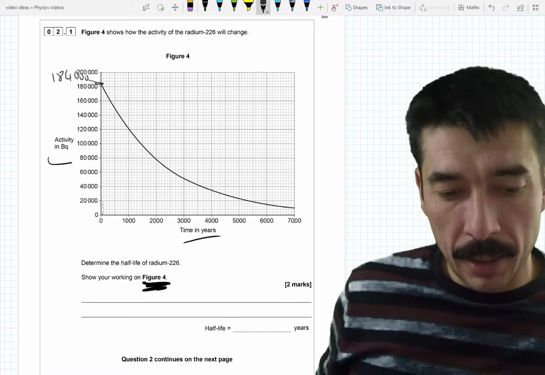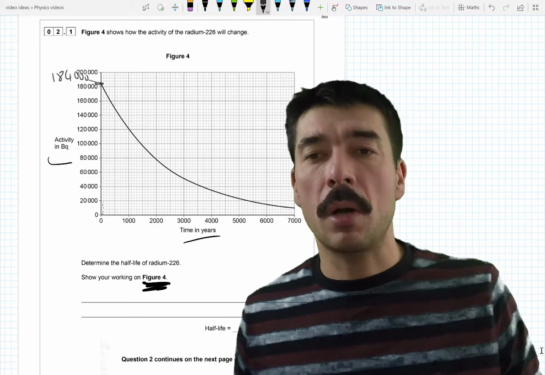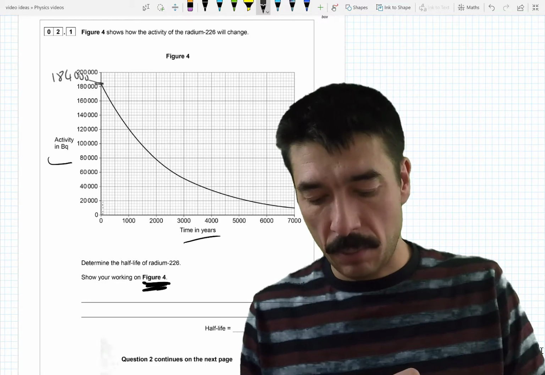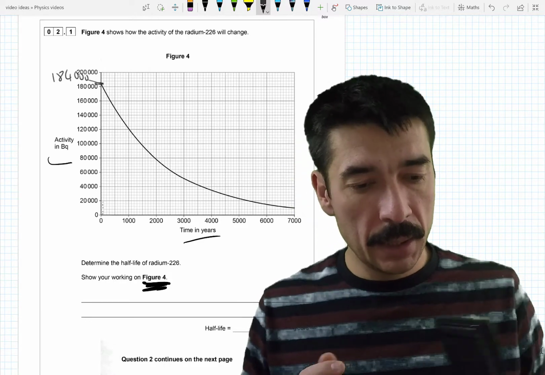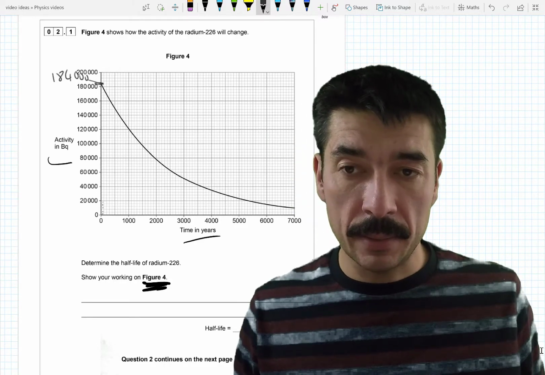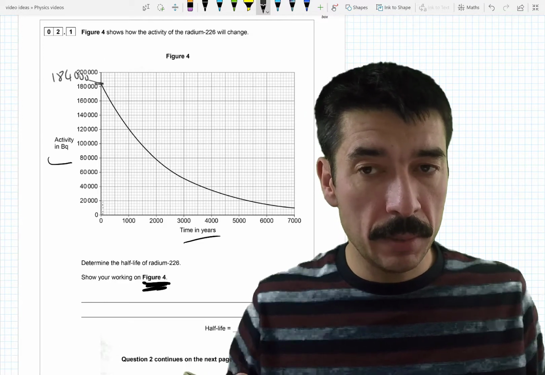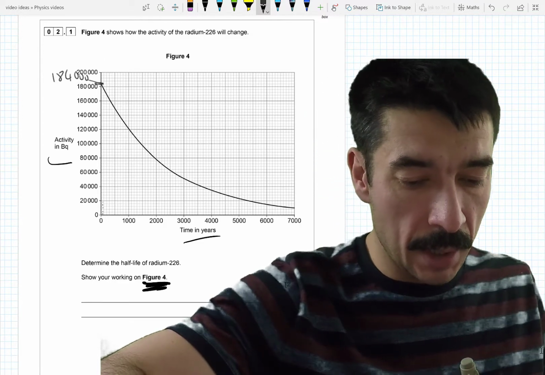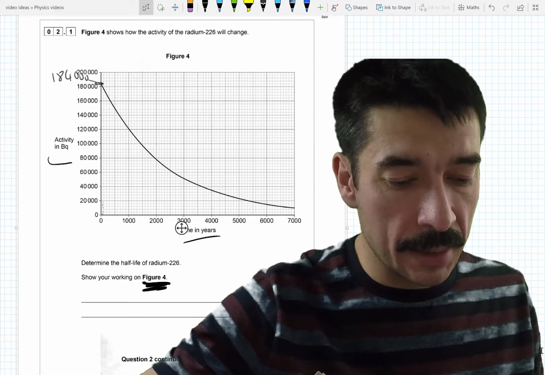So this value here is 184,000, and I need to get to half that value for one half-life to have passed. So 184 divided by 2 is 92,000. I've done 184,000 divided by 2 and that gets me 92,000. So I need to go to here to read off where 92,000 is.